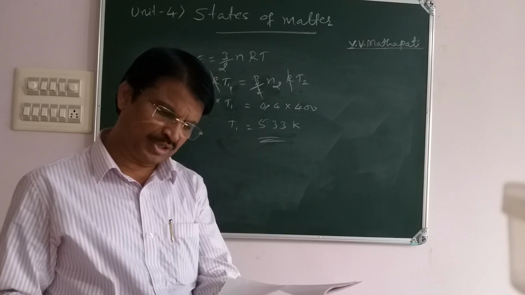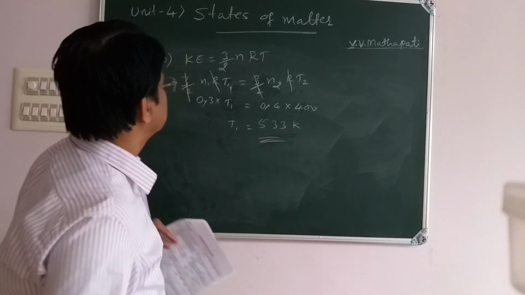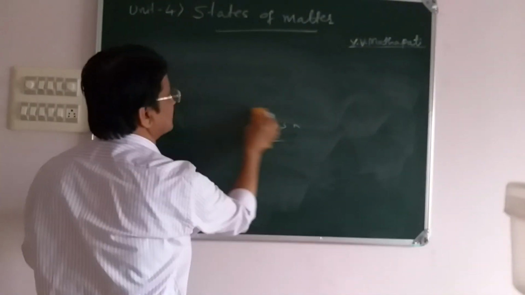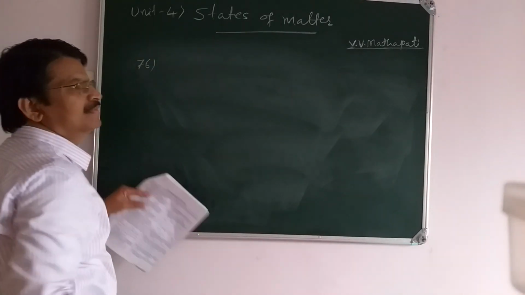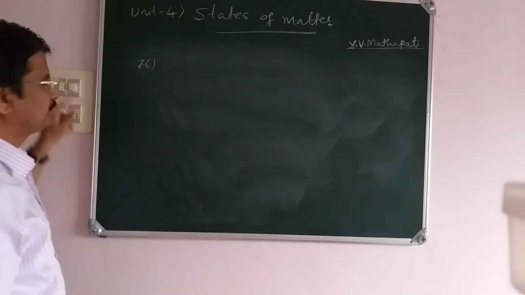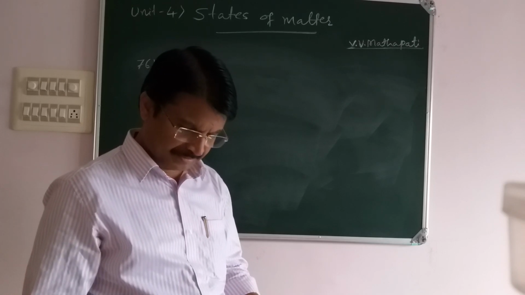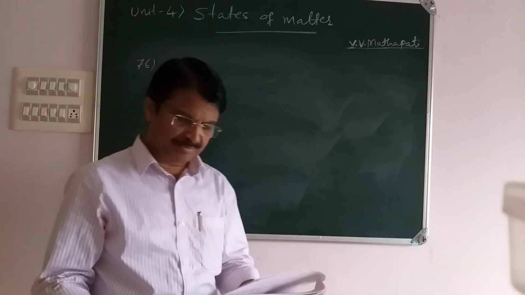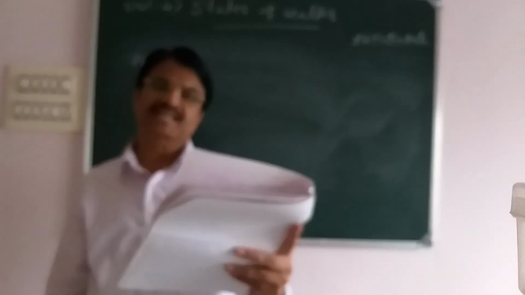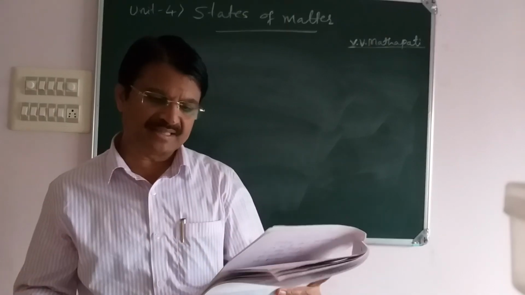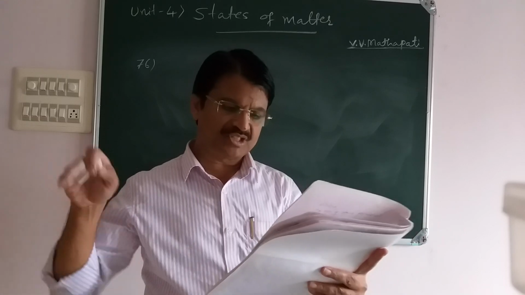Question number 76. As the temperature is raised from 20 degrees Celsius to 40 degrees Celsius, the average kinetic energy of neon atoms changes by a factor of which of the following?